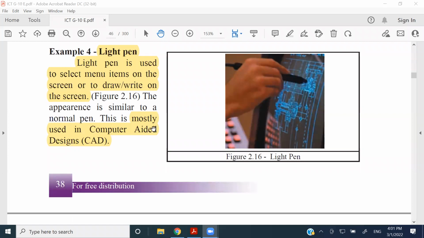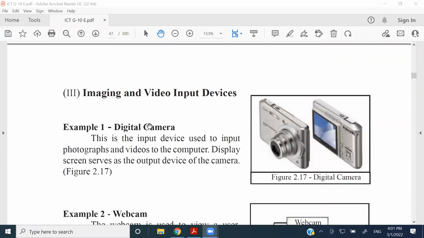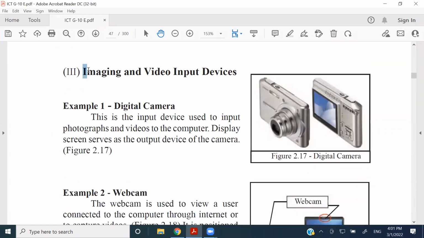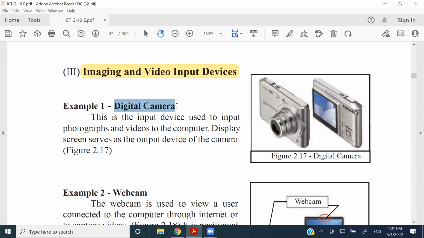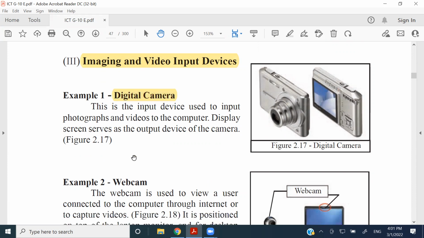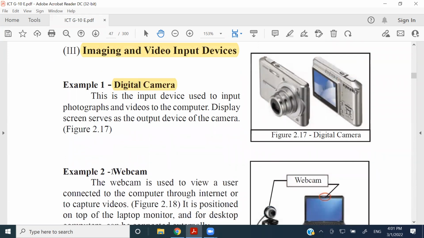Right. So moving forward, the third category, image and video input devices. Only the names are enough. Digital camera, the webcam.